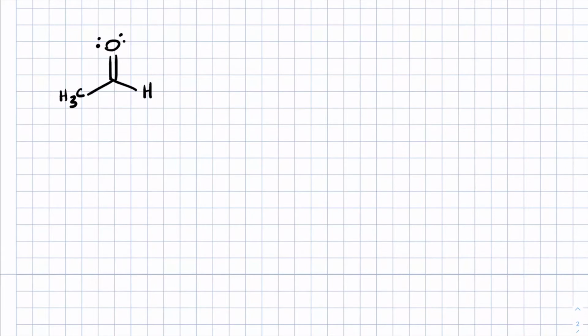For example, I would say here I've got 4 carbon-hydrogen sigma bonds. So that means I'm going to need 4 carbon-hydrogen sigma bonding orbitals and 4 carbon-hydrogen sigma star orbitals, or antibonding orbitals rather.